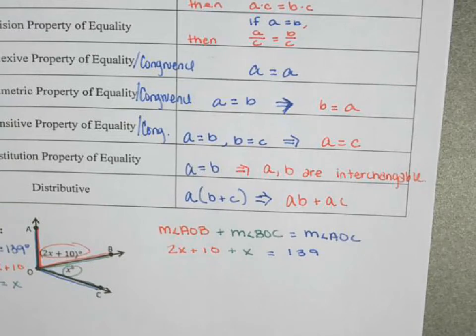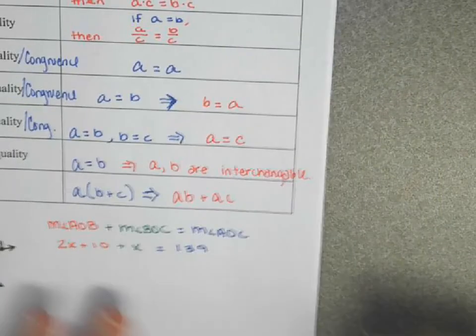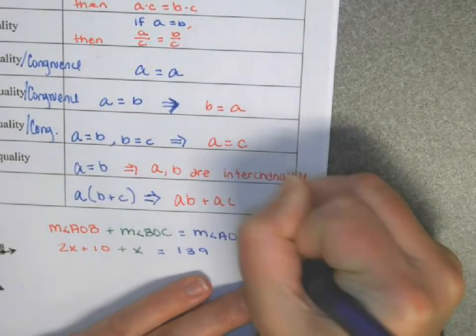What are we adding here? Not things. Things is not a very good word. What are we adding? Go ahead. Angle addition postulate. That's what it was called, the angle addition postulate. Okay, so that's our rule here, the angle addition postulate.